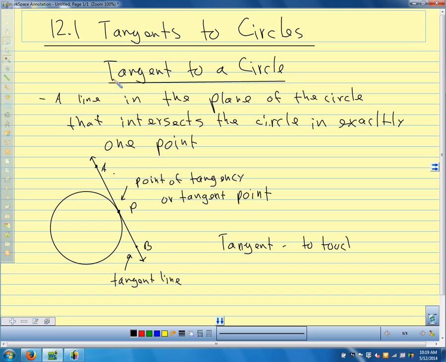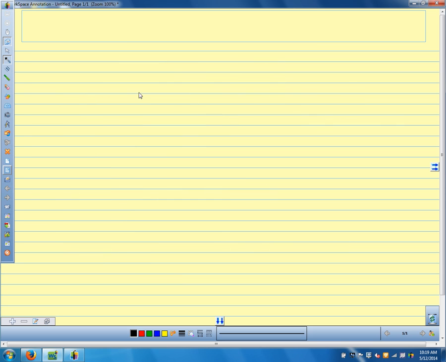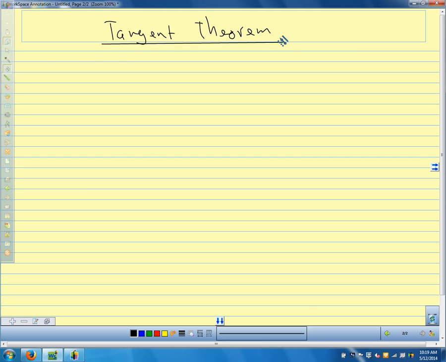So let's talk about our theorem. So we know what a tangent to a circle is. Let's talk about our first theorem. I'm just going to call it the tangent theorem. And the tangent theorem tells us that if a line is tangent to a circle, then it is perpendicular to the radius of the circle.